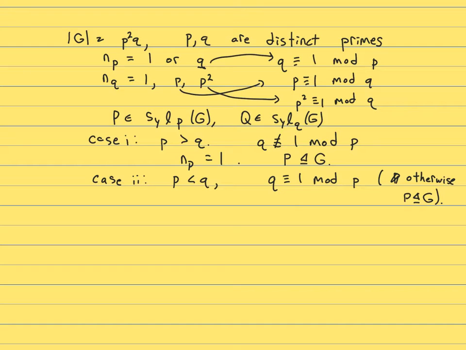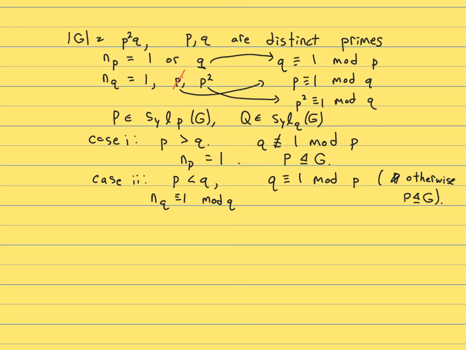Well, again, by the same logic as before, if we're assuming q is the bigger prime, we can't get this p condition to happen, because p is the smaller prime, and so there's no way to get p to be congruent to 1 mod q. So we have to be in the case where N_q is congruent to 1 mod q.